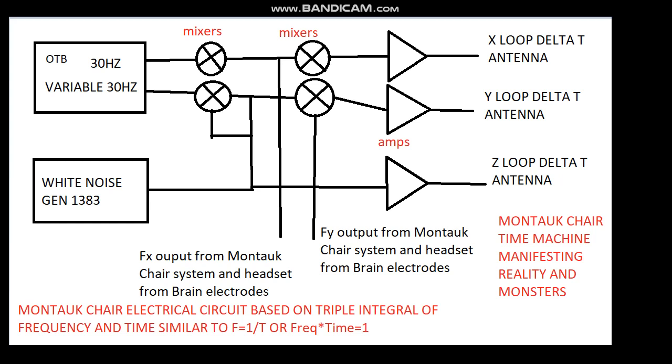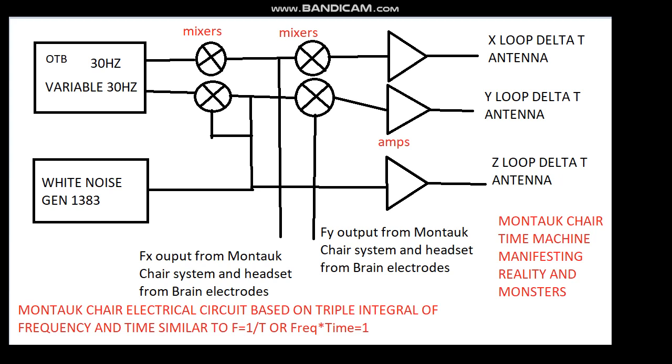So both the X and the Y functions from the headset of brain electrodes go into these mixers. They then go into these amplifiers to amplify the signal, and that amplified signal then gets put into the X loop of the delta T antenna, and the other one is the Y loop of the delta T antenna, which creates a vortex, a spinning vortex around the X and the Y axes.